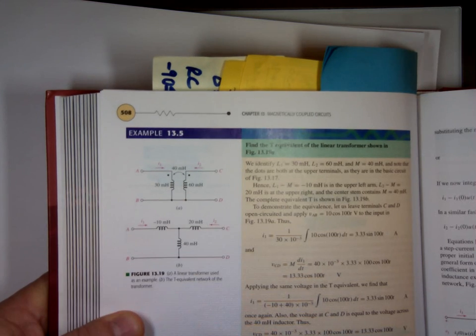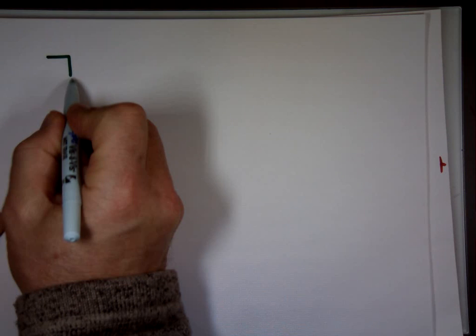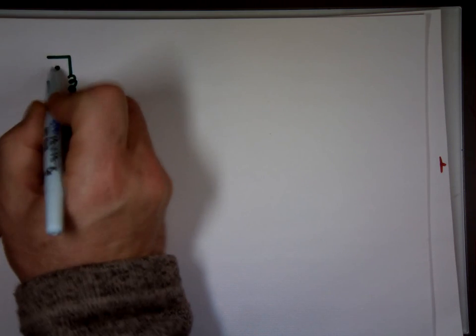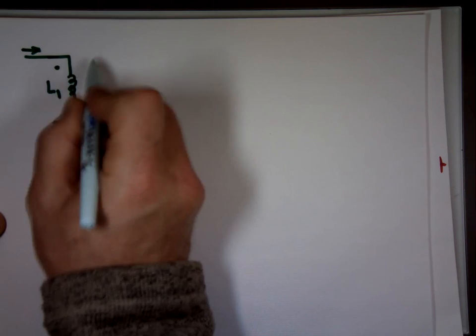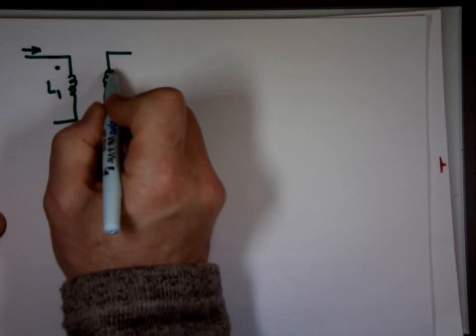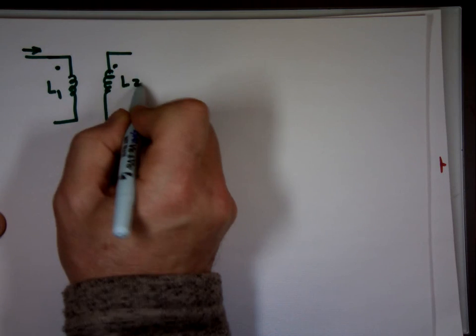So if I have this circuit, L1, there's the dot, current coming in. This is L2, dot on the top, I sub 2 coming in.